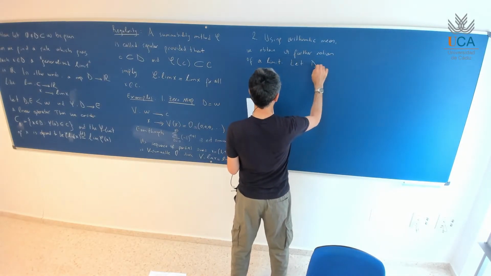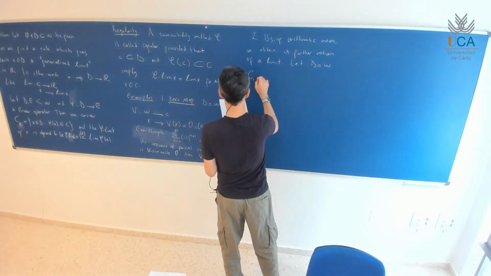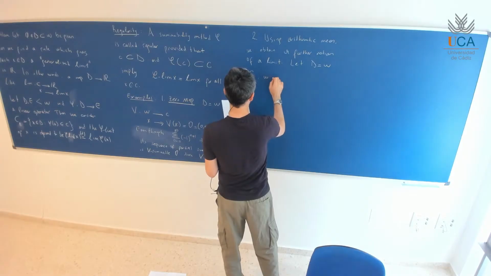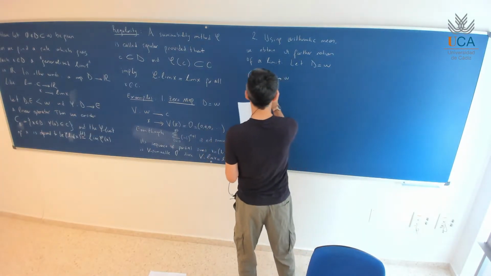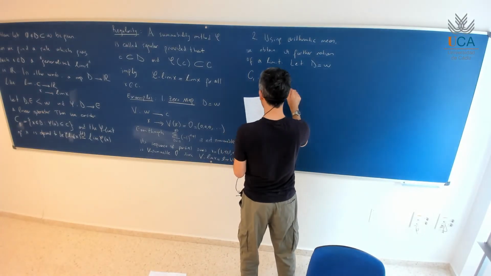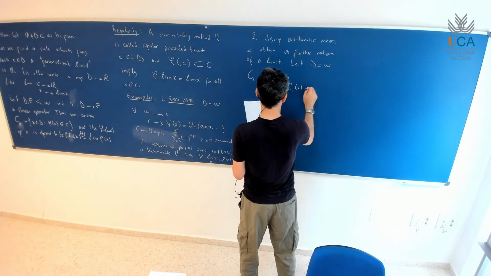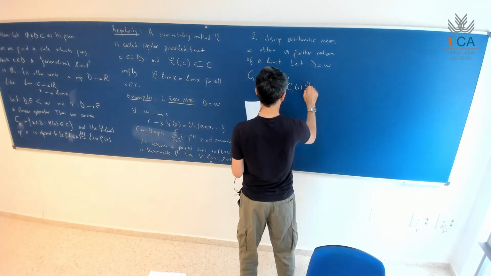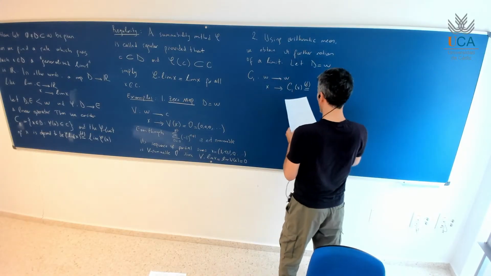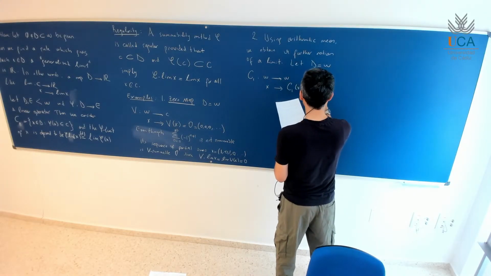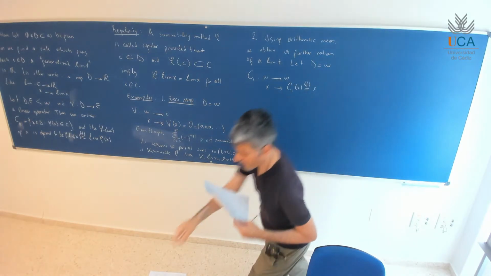Let D be omega and C1 defined from omega into itself. We define C1 to be this equality.